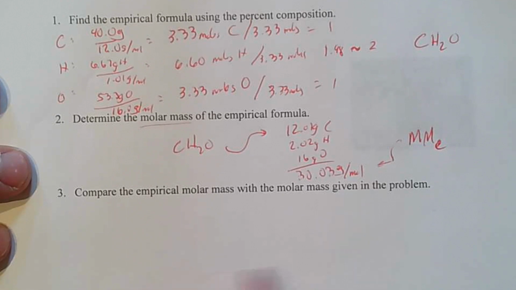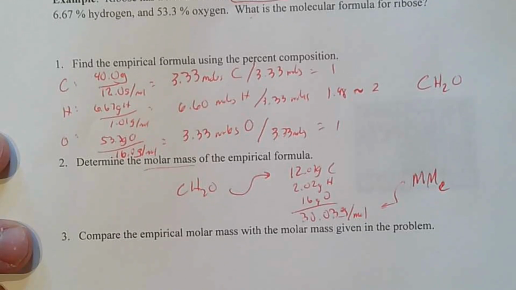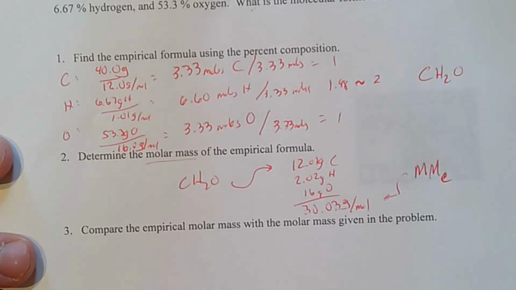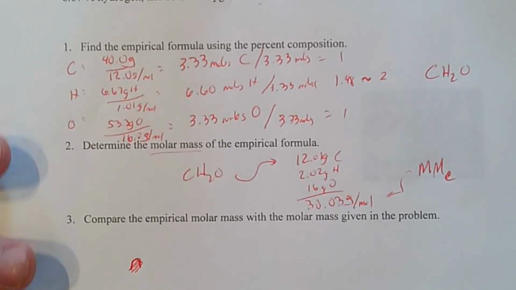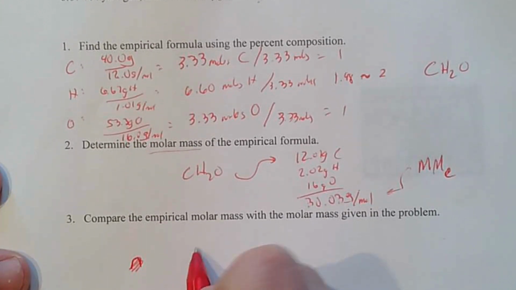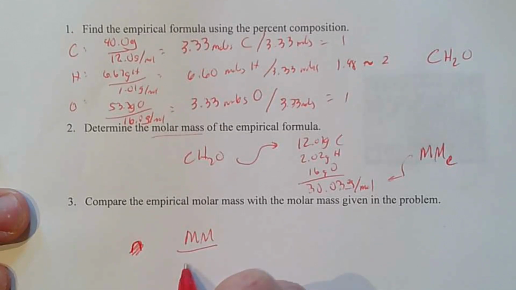So now we just need to compare this molar mass to the actual molar mass. Well, the actual molar mass is 150. For that multiple, I'm not going to call it N because N is a symbol for moles, and I don't want to confuse anyone. You're just going to take the actual molar mass divided by the empirical molar mass.